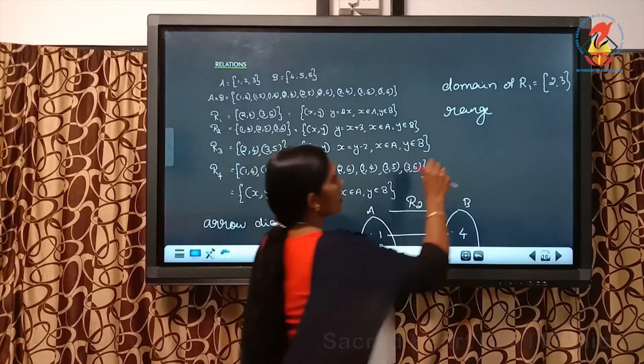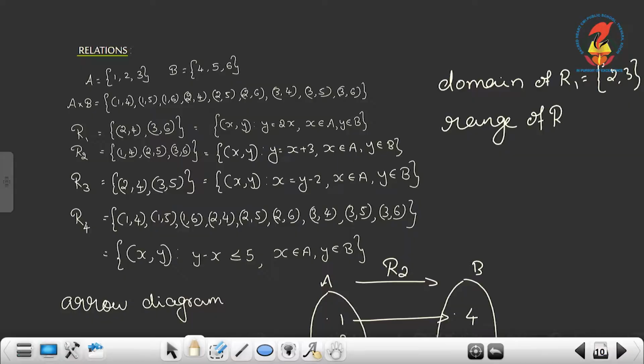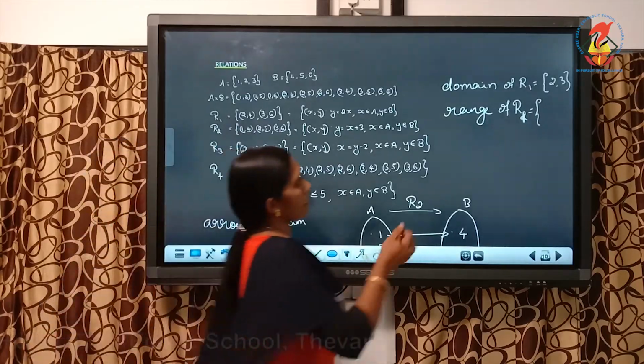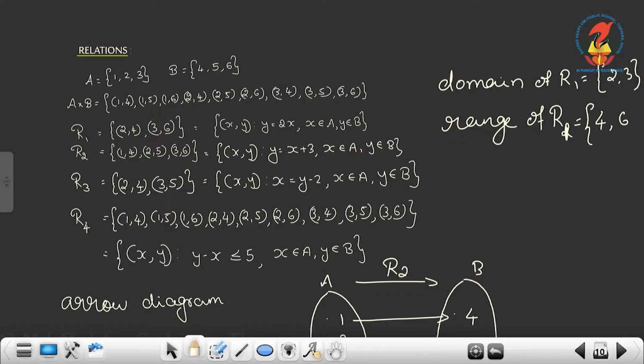And range means range of R1. Look at R1, set of second elements. Second elements means 4 and 6. So range of R1 is {4, 6}. Then similarly, what is domain of R2?